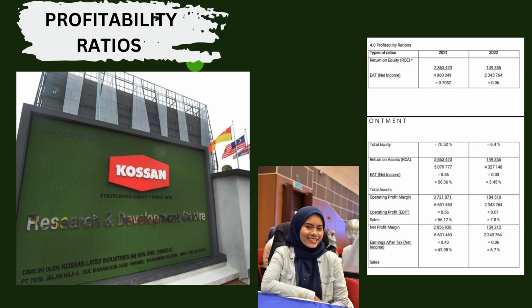Next, profitability ratio. Return on equity. Return on equity refers to the measure of a company's profitability in relation to its stockholders' equity. Kossan Rubber's return on equity was 70.52% in 2021 and 6.4% in 2022 respectively.